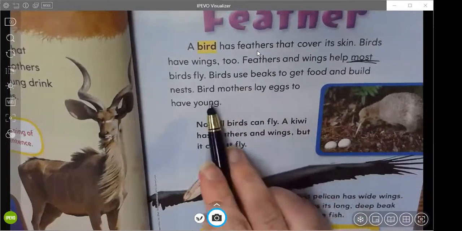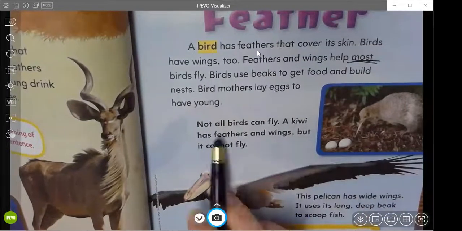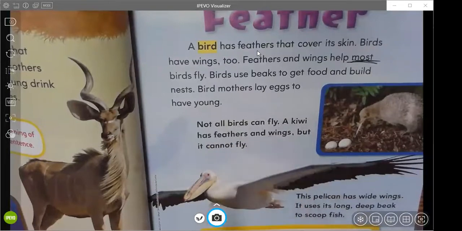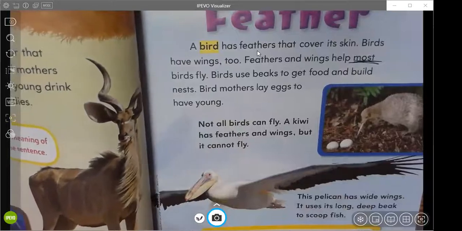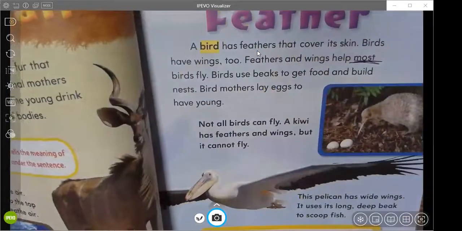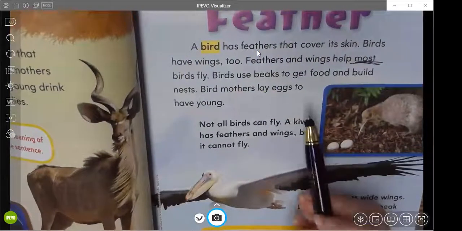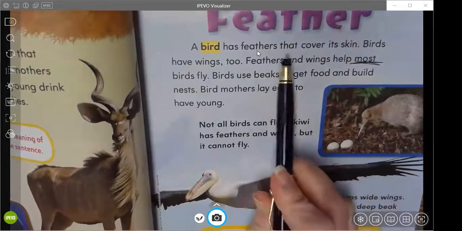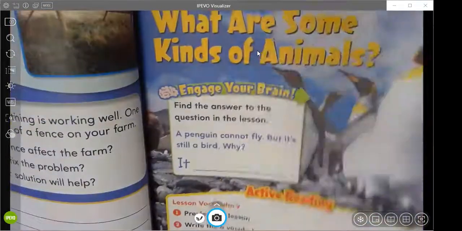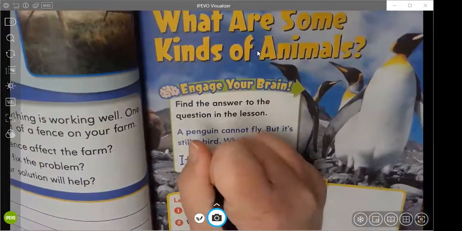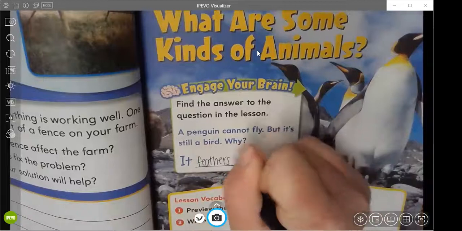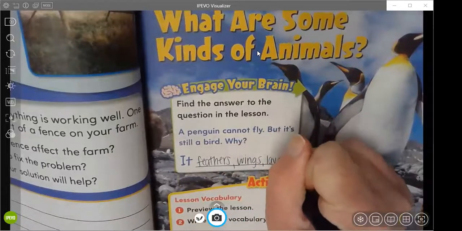Bird mothers lay eggs to have young. Not all birds can fly. A kiwi has feathers and wings, but it cannot fly. So a penguin is considered a bird because why? It has feathers that cover its skin, and birds have wings too. So they have feathers, they have wings, they lay eggs. All right.